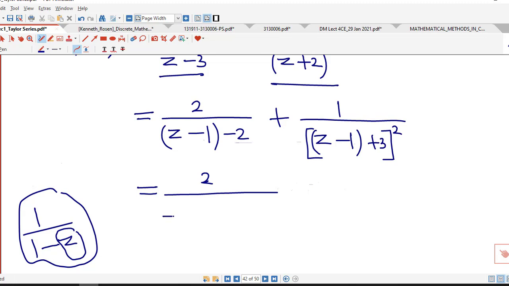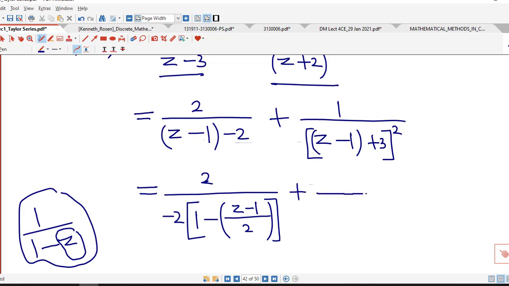If I take minus 2 outside, I can rewrite this as 1 minus z minus 1 divided by 2, because I am taking minus 2 outside, so here I have to divide by 2. If we check, minus 2 into 1 is minus 2, and minus 2 into minus z minus 1 by 2 is z minus 1.